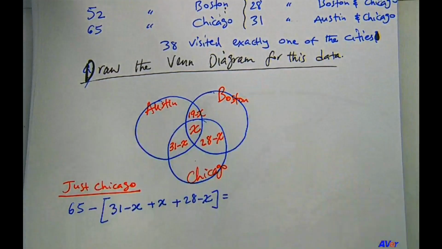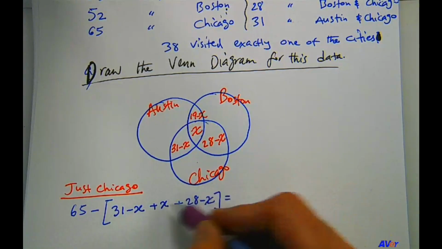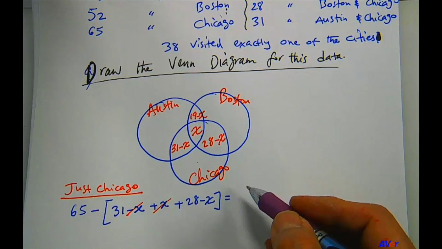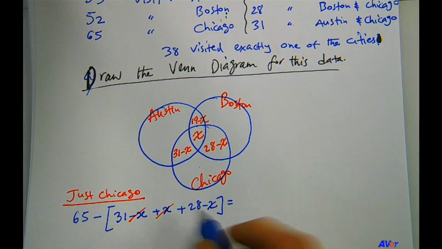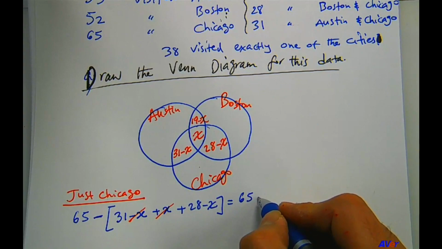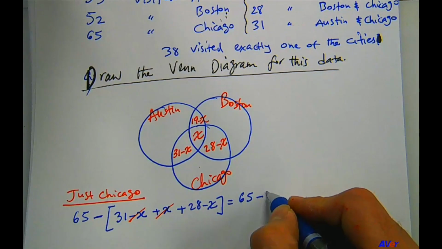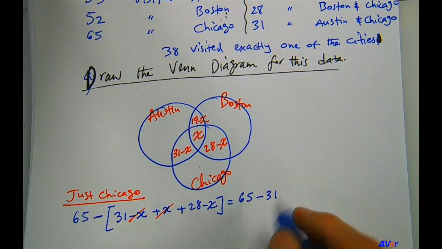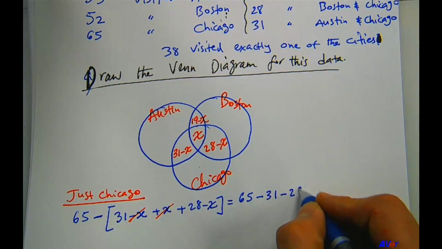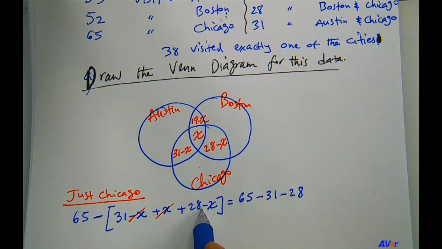We know that minus X and X add up to 0. And then we have to distribute this negative, right? So we have 65 minus 31, and then minus 28, and then plus X. I'm just distributing the minus into whatever I have left because these two cancel each other out.